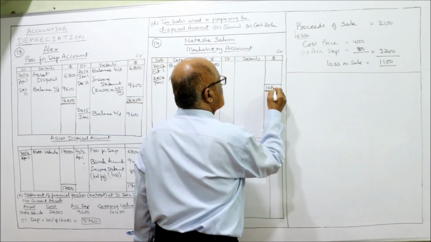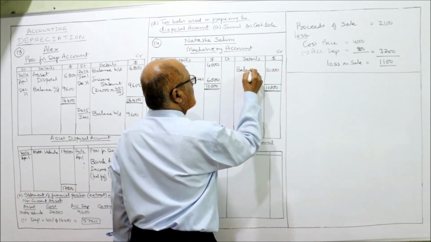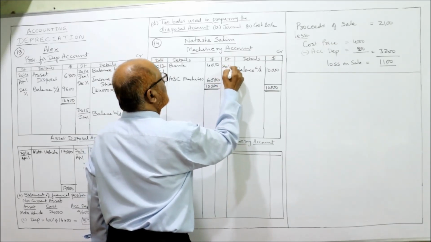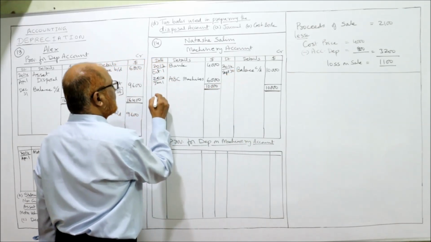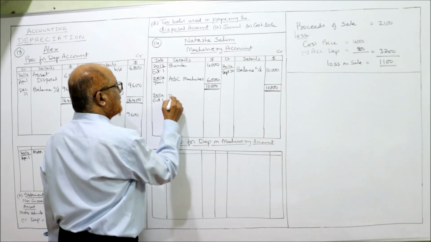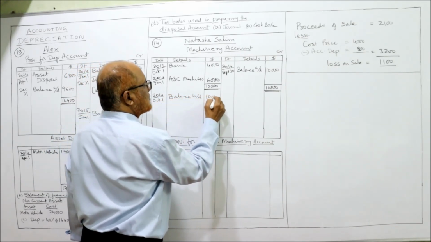Here also $10,000. Balance carried down. Last date 2014 September 30th. Now next year will begin from 2014 October 1st. Balance brought down, that is 10,000.